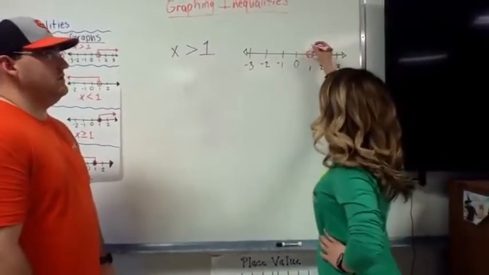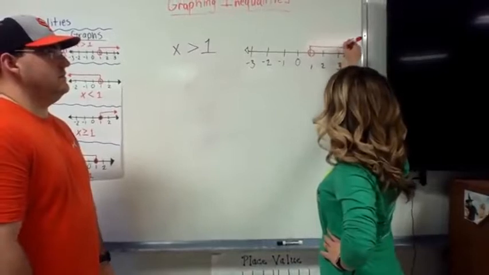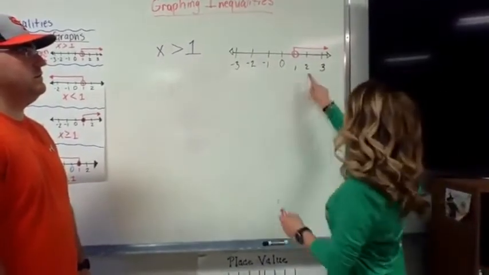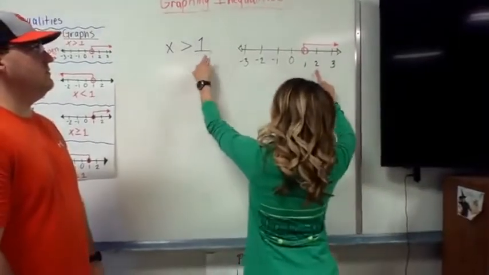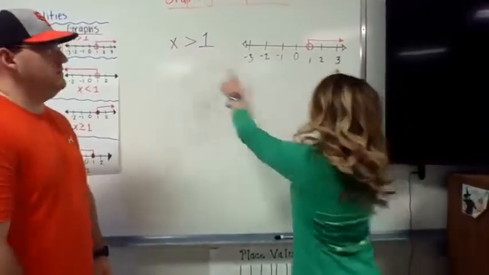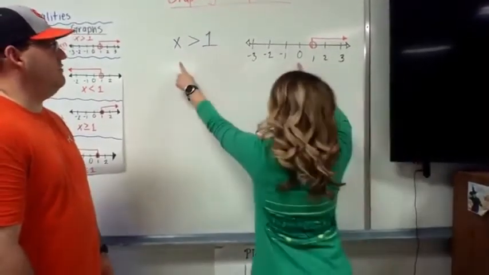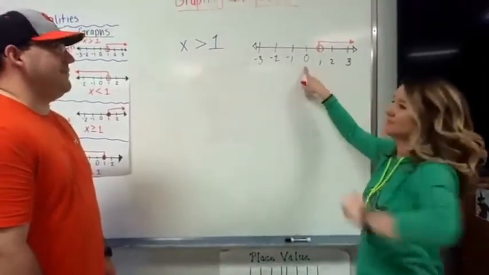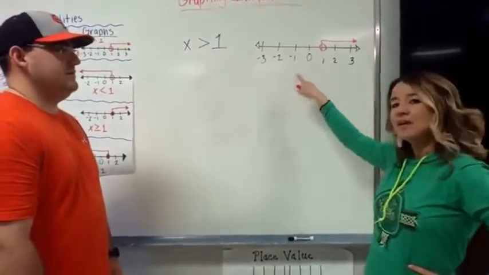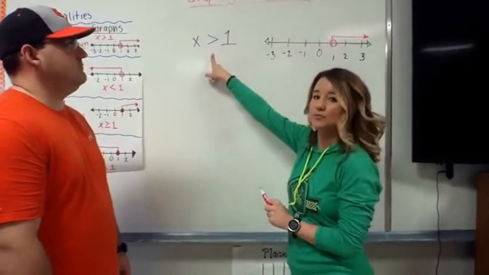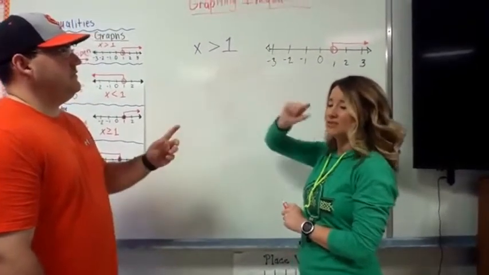So I'm going to draw a line going in that direction. I can substitute in 2. Is 2 greater than 1? Yeah. Is 3 greater than 1? Yeah. Is 0 greater than 1? No, it's less than. So the arrow always has to make this inequality true. They have to match, so you have to think about it a little bit.